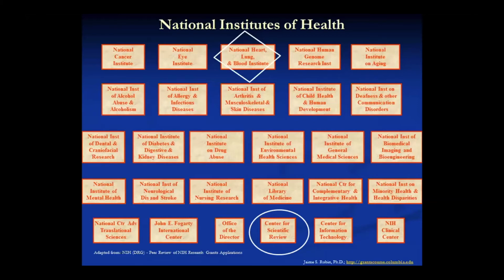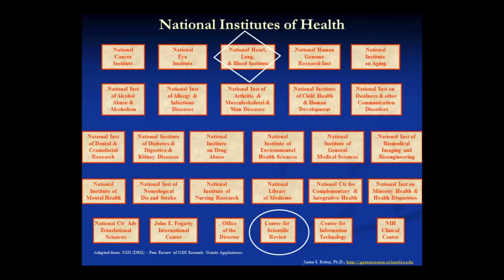And I put a circle around that center at the bottom, the Center for Scientific Review, to remind me to highlight to you that in many cases, the R01, the research grants, are not reviewed at the Institute.